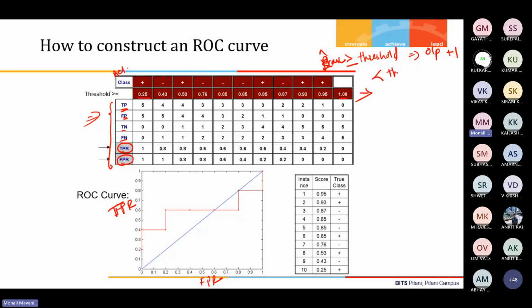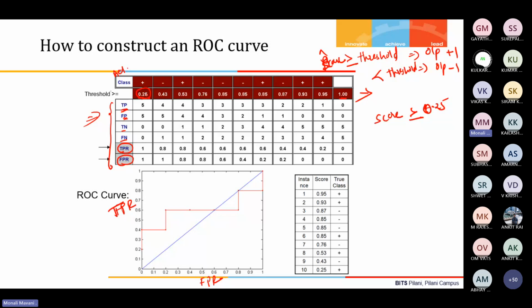If the score is less than the threshold, then the output is a negative class. That's the prediction. Suppose I take 0.25 as my threshold, what will be the prediction? Just concentrate on 0.25. It's my threshold. So my score is greater than or equal to 0.25.